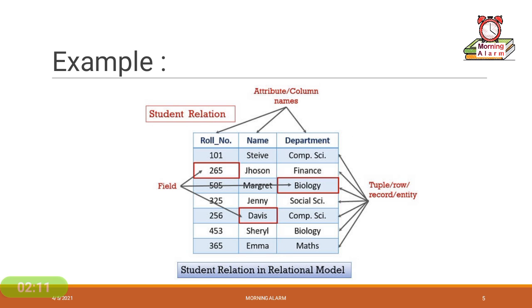A particular element in an attribute or a tuple is said to be a field, and this entire table is said to be a relation, and the data entered into these relations is entities. Simply, the real life objects are only entered into the relations or tables.